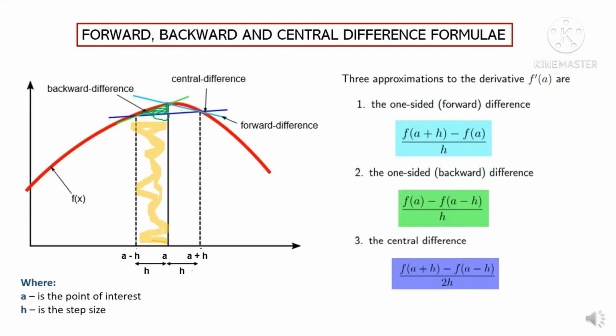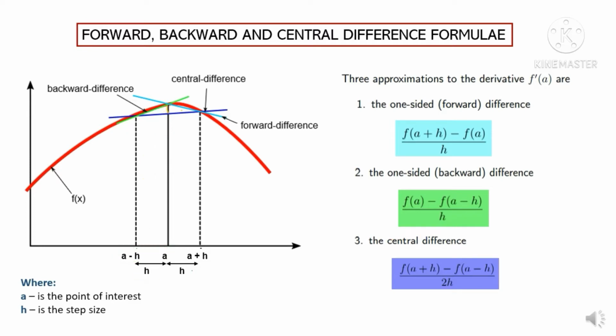So we have f(a) minus f(a - h) over its run, which is still h. So our formula is f(a) - f(a - h) over h.